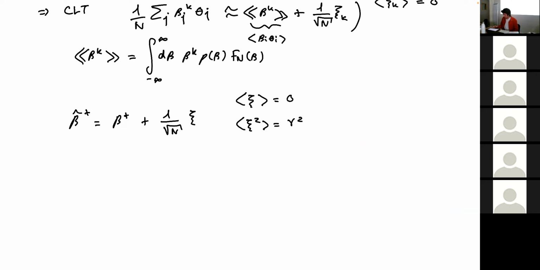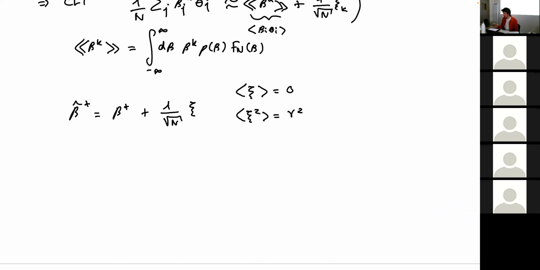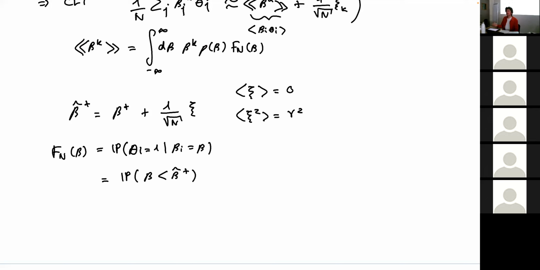At this stage, this simple expression is actually quite useful because it gives us a lot of information. I'll show why. If we go back to the definition of our step Fn of beta, it was the probability that theta I was equal to 1, given that beta I was equal to beta. But now, with this threshold idea, it's really the probability that beta, so beta I equals beta, is smaller than the threshold for this specific draw.